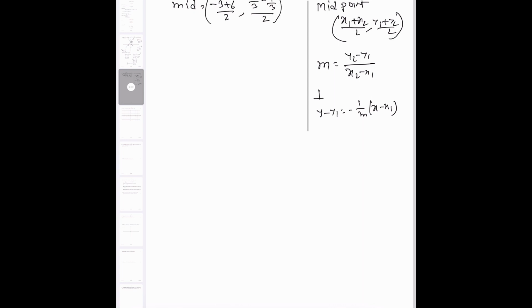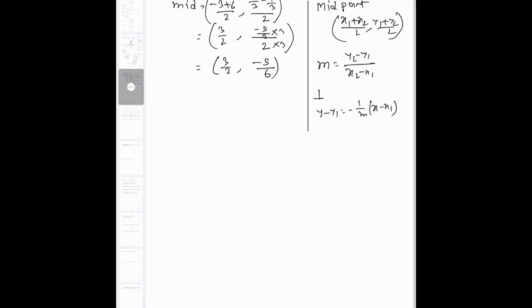I applied the formula for the midpoint. 6 minus 3, that is 3 by 2, and 2 minus 7, that is minus 5 by 3. Multiply numerator and denominator by 3 to simplify the fraction. So minus 5 over 6. This is the midpoint coordinates for the bisector.